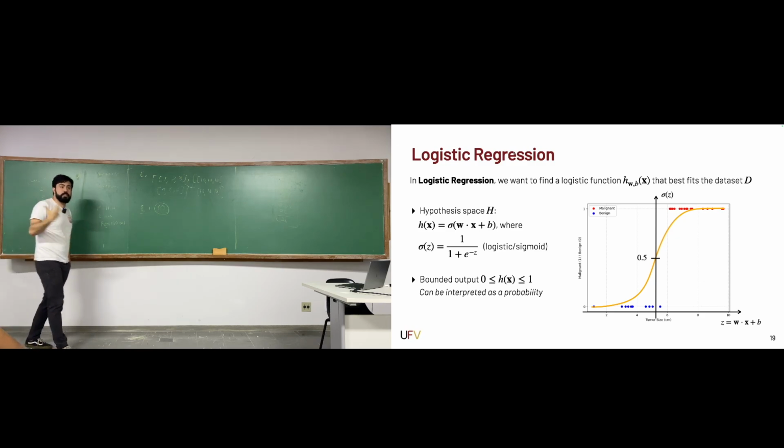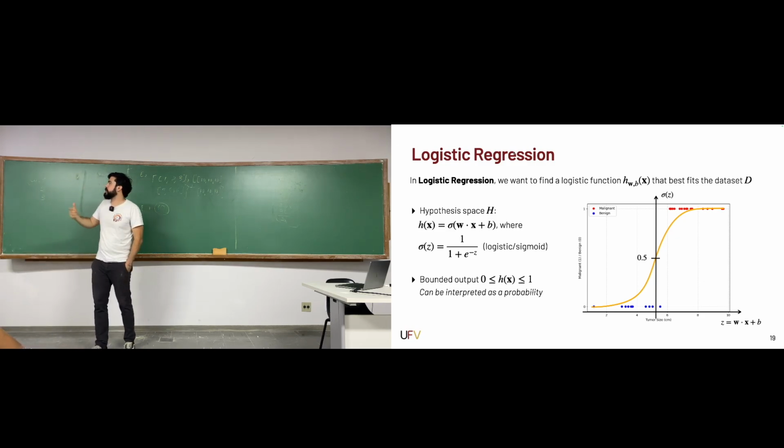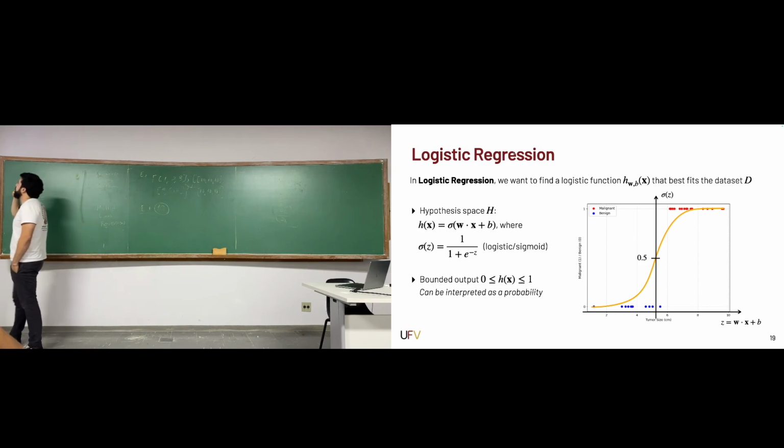In other words, I'm going to search for logistic functions which have this S shape. And they are formally defined like this. So this letter here is called sigma, right? The sigma function, or sigmoid or logistic function, is defined by sigma of z, which is 1 over 1 plus e to the minus z, right? Our hypothesis is actually this: h of x equals sigma of wx plus b.